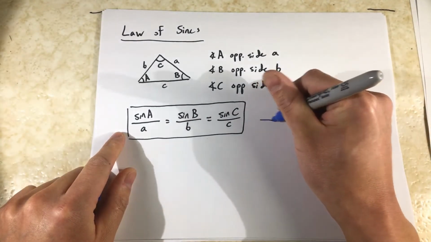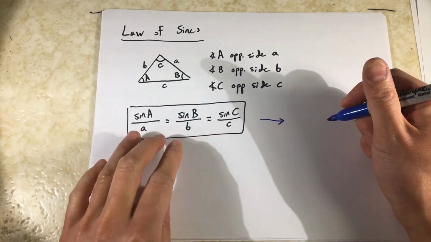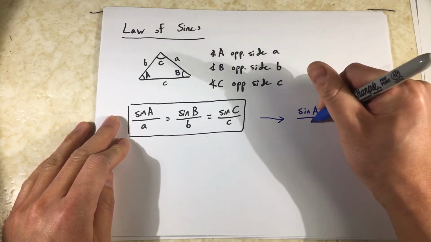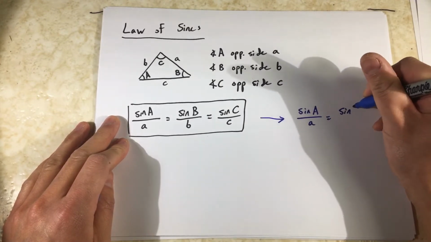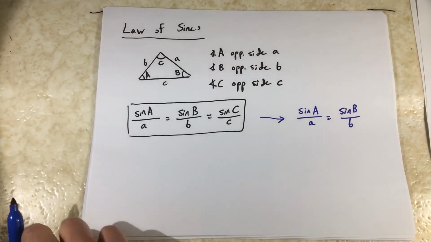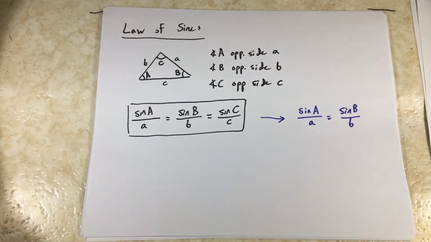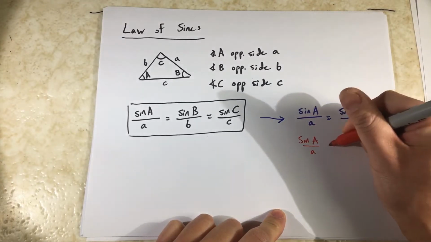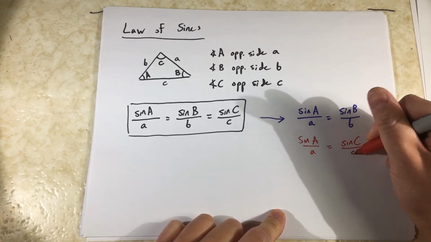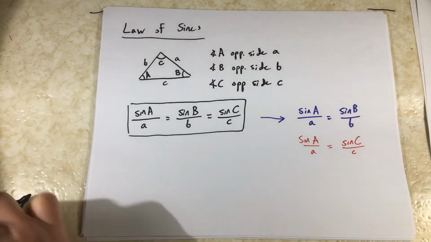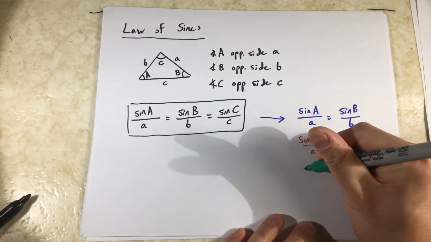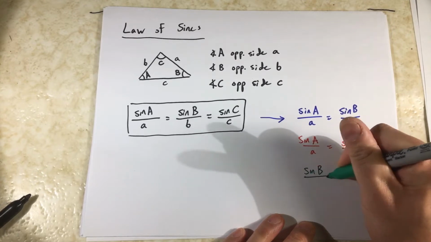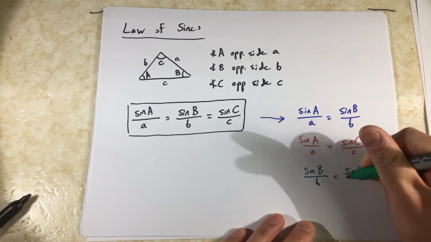When you're actually applying this, you can mix and match what you want to equal what. So you could do sine A over a is equal to sine B over b, or you can do sine A over a is equal to sine C over c, or you can do sine B over b equals sine C over c.